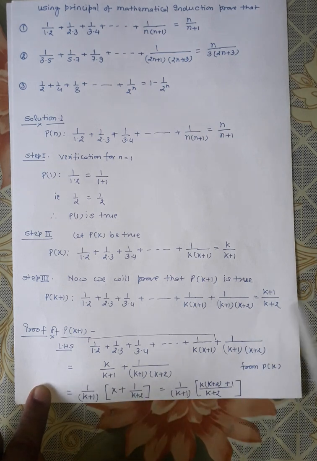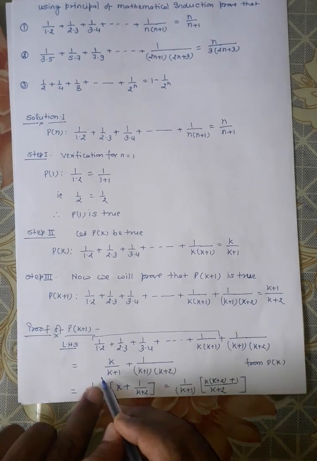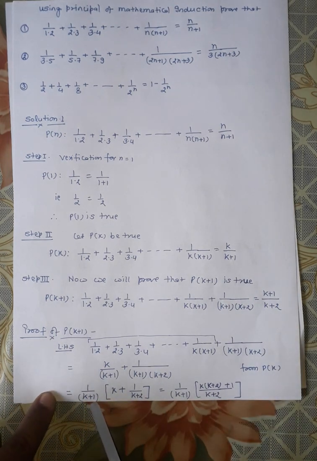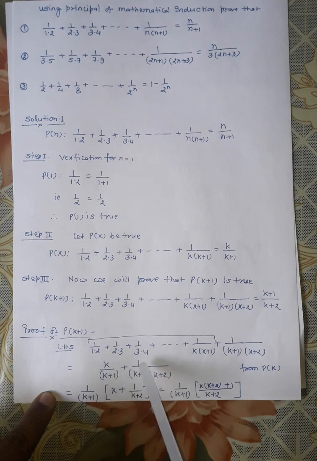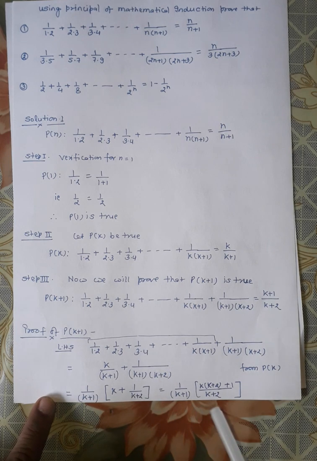After that, you see your right hand side, k plus 1, k plus 2 is there. Okay, so we observe here that k plus 1 is common in the denominator, so we have taken common 1 upon k plus 1. So k is left, and from this term also 1 upon k plus 1 will be taken out, so 1 upon k plus 2 is left.